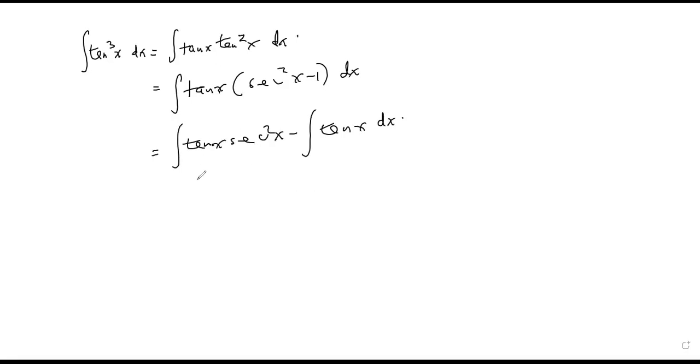Here we know, from the summary I gave you in the previous video, that when you differentiate tan squared x, it gives 2 tan x sec squared x.